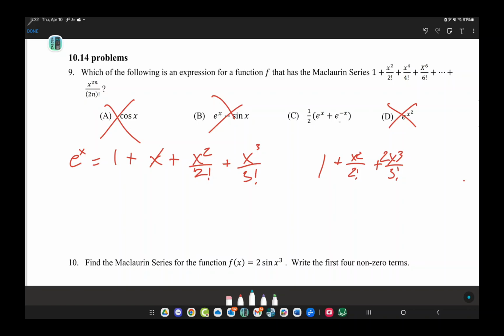If I have a negative e to the x, you have negative x, a negative x for every odd exponent. So every odd value would subtract, and I would add every even value. It would double every even value and subtract every odd value. How do I get rid of the doubling? The 1/2. So you could show that C works, or you could show that the rest of them don't.